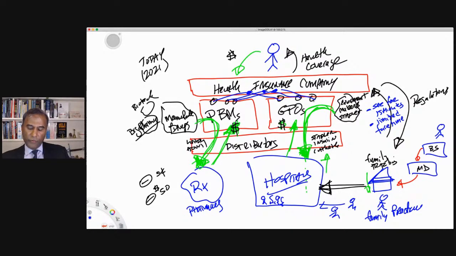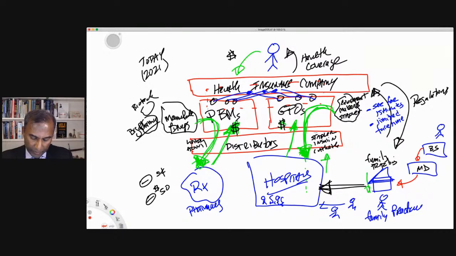So you have total consolidation that is taking place right now. So this entire area here is being consolidated. You have total consolidation of the healthcare companies, PBMs, and GPOs. That's what's going on.